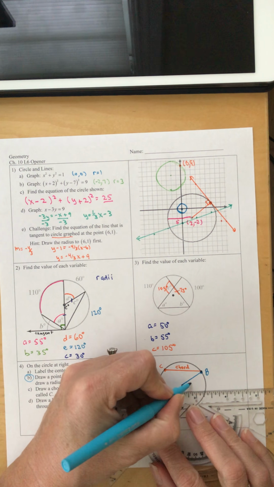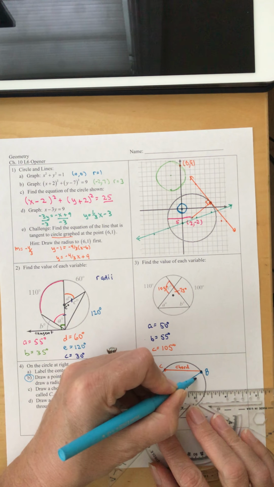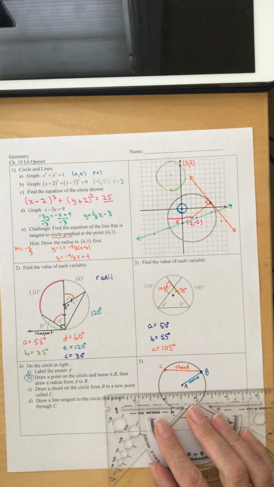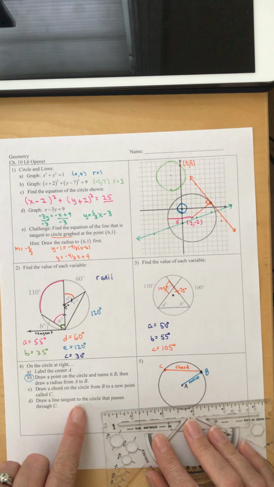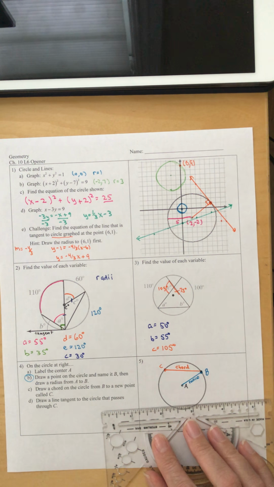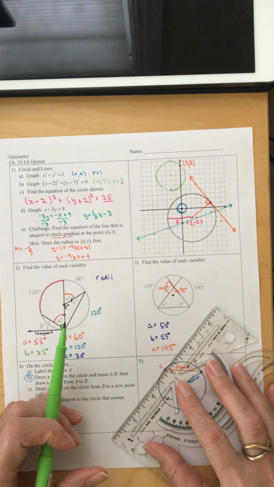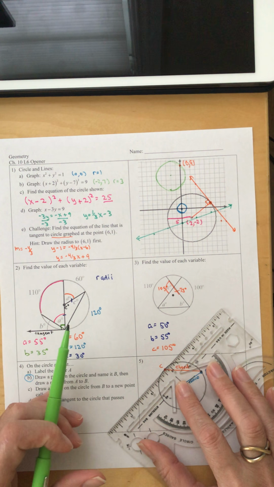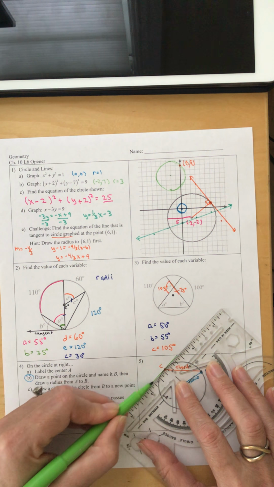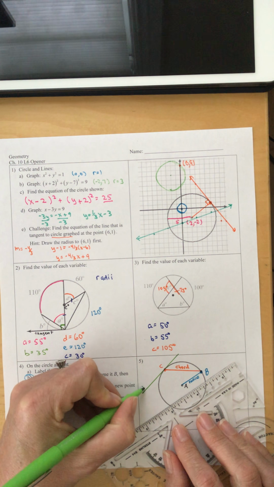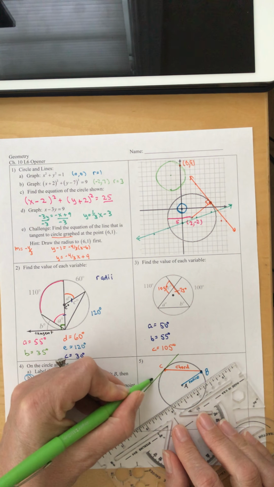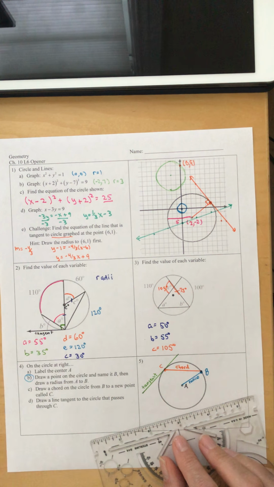This one is a radius. Then draw a chord on this, so I did that. Draw a line tangent to the circle that passes through C. So you're just going to estimate it here, make it look like a tangent line. And then there's two other lines that you should know by name also.